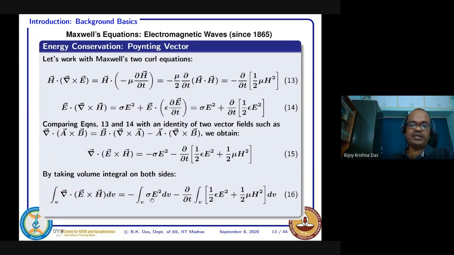You are integrating over the differential volume dV. When I integrate energy density over a volume, I get the total energy, and then del del T, the rate of change of that energy. That is what we are trying to see, right?